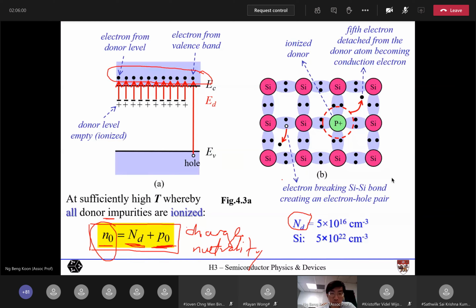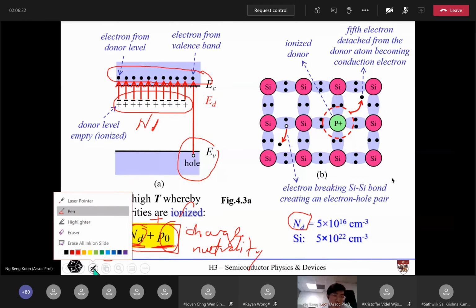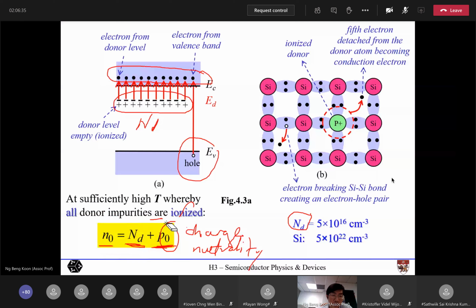Positive charges are made up of holes, which is one source of positive charge, and the other source is the ionized dopants, which is ND as well. So if you add ND with P naught, that gives you the total number of positive charges, which must equal the total number of negative charges, N naught. So this equation is also a conservation of charge equation. That's why we call it the charge neutrality equation.